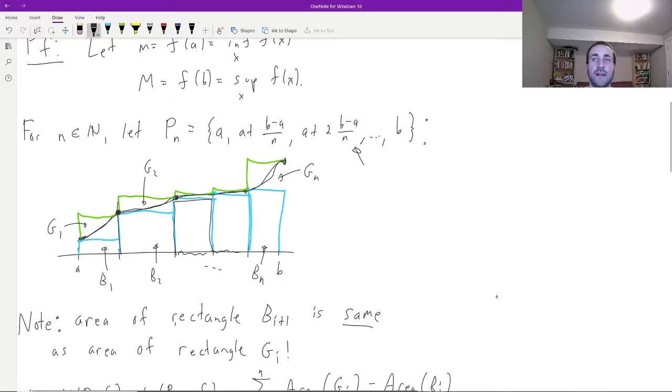So I'm defining, as I did in the previous few videos, a lower curve, which I'm drawing in blue. And this lower curve is just in any given interval from a to, in this case, a plus b minus a over n, that is the next point in the partition. This blue curve here is the infimum of f along that subinterval.